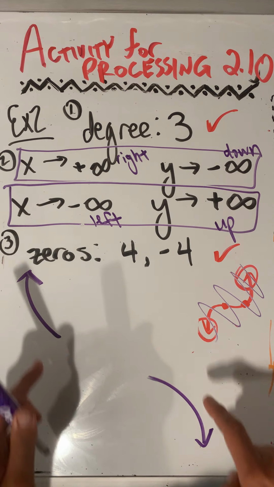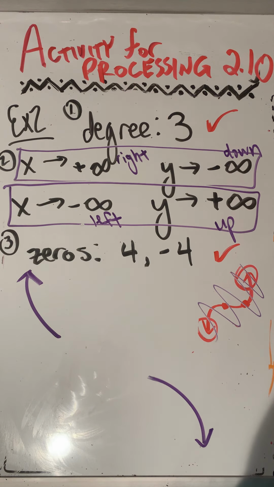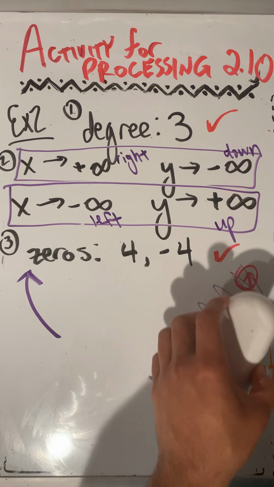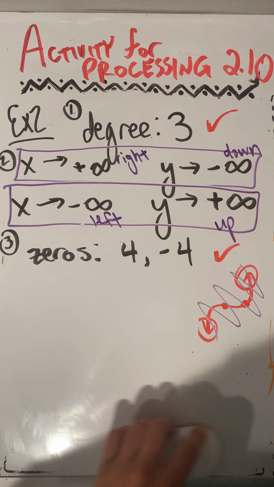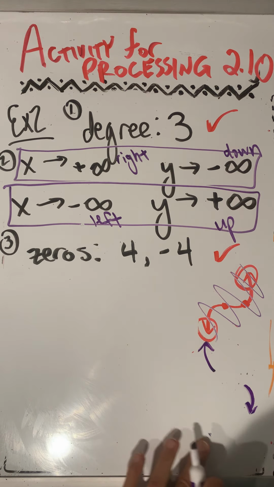The end behaviors and the previous graph I drew let me know what this body looks like. So I know what the ends look like. I'm gonna put a note on the side so I don't forget it. So the end behavior gave me these ends.